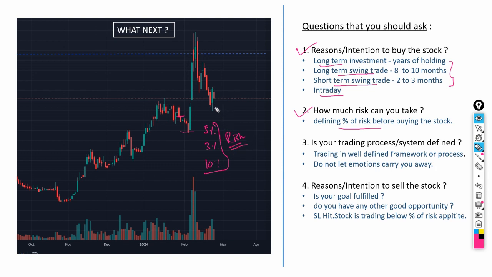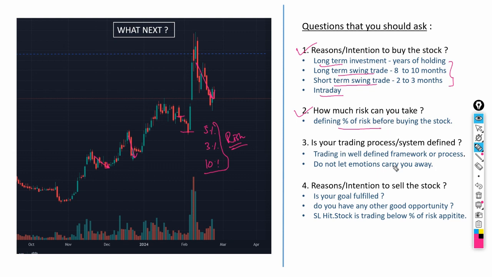This is going to help you whenever there is a pullback in the markets. If you have this risk in your mind, then you can easily cut off your position and go ahead. So having risk clarity is important before you take the position.